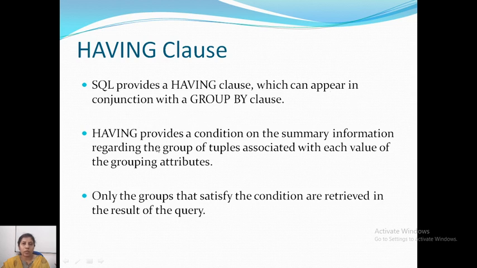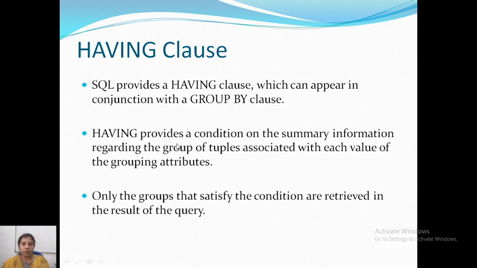Why do we have to use the having clause? Having provides a condition on the summary information. You have grouped according to some attribute, and if you want to apply a condition on that group, then you have to use the having clause.